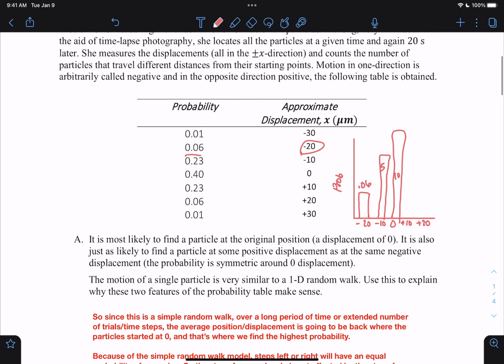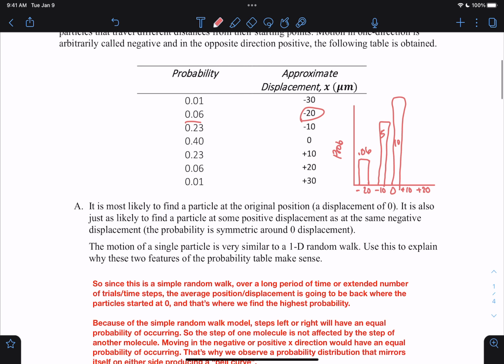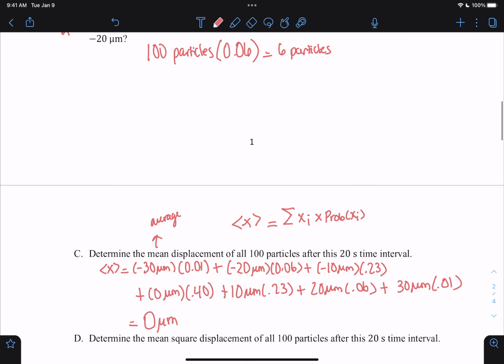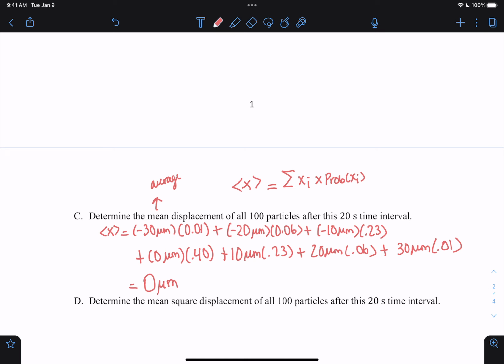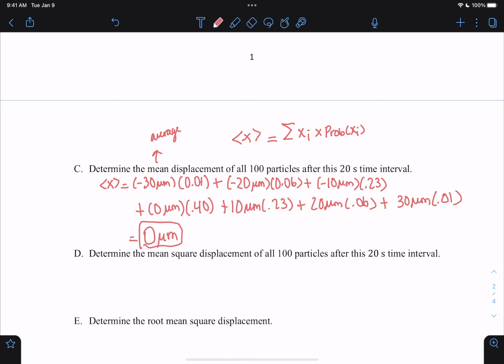This was deemed to be a simple random walk model, and so it only makes sense that our average displacement of all the particles, because it is a simple random walk, should be 0. I would still go through the motions of solving it out like this, just so you can show that.